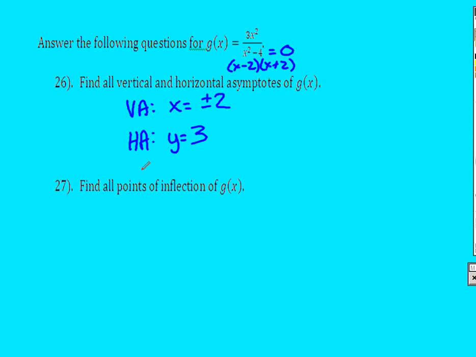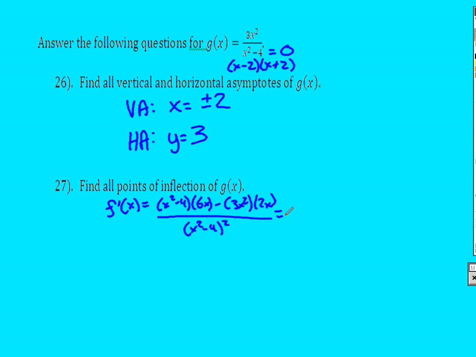Now the last one, finding points of inflection. I just wanted to do this to get you more practice, I should say, with your quotient rule here. So we're going to do low d high, so (x squared minus 4) times 6x, minus high d low, 3x squared times 2x, all over low squared. So that's (x squared minus 4) quantity squared.